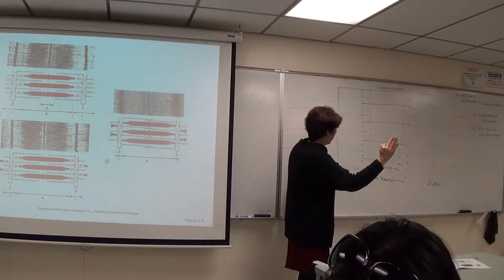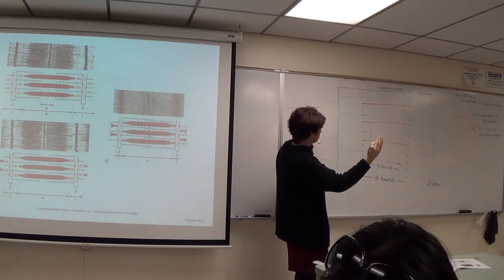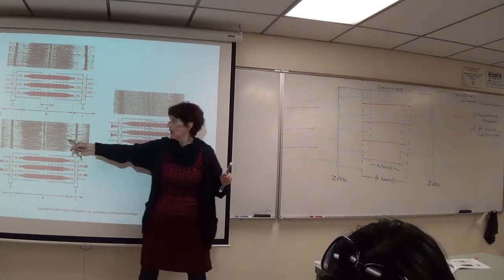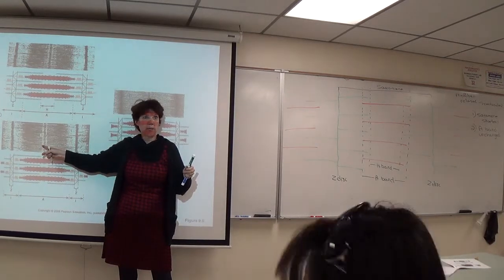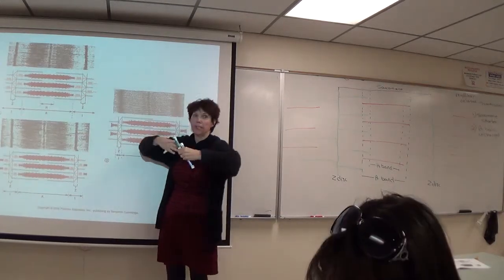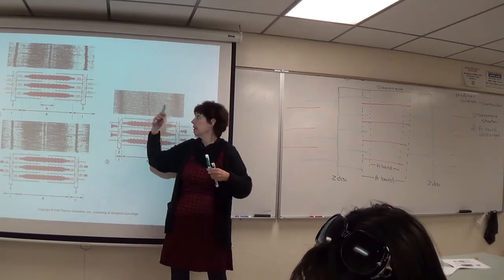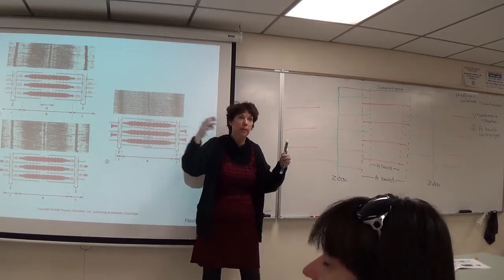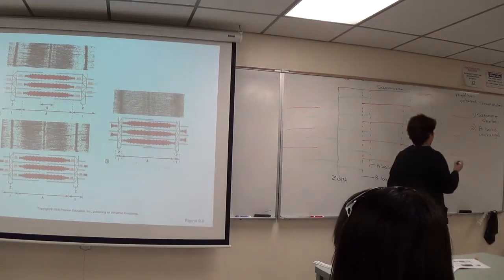So as the actin filaments are pulled over the myosin, that is going to become more narrow. Here it's almost disappeared. Here the actin filaments are actually overlapping each other, and the H band's completely disappeared. So with contraction, the H band will narrow.